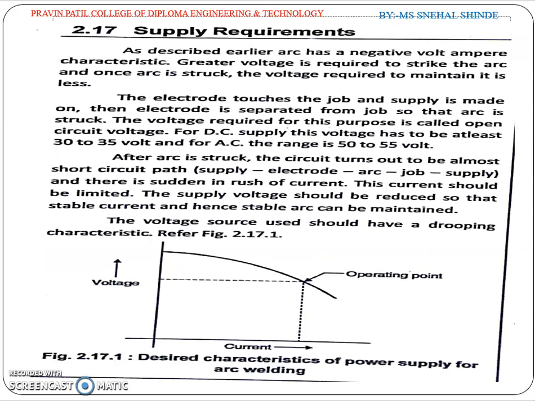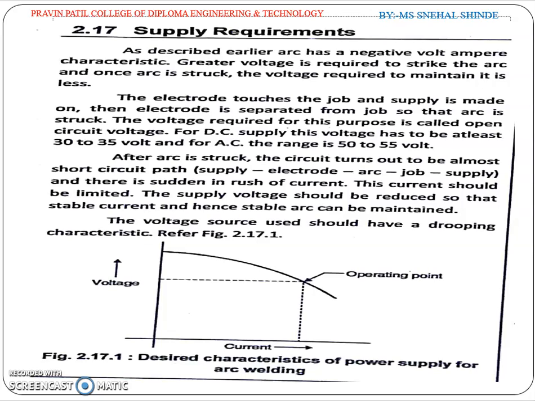Supply requirements. As described earlier, the arc has a negative volt ampere characteristic. Greater voltage is required to strike the arc, and once the arc is struck, the voltage required to maintain it is less. The electrode touches the job and supply is switched on.